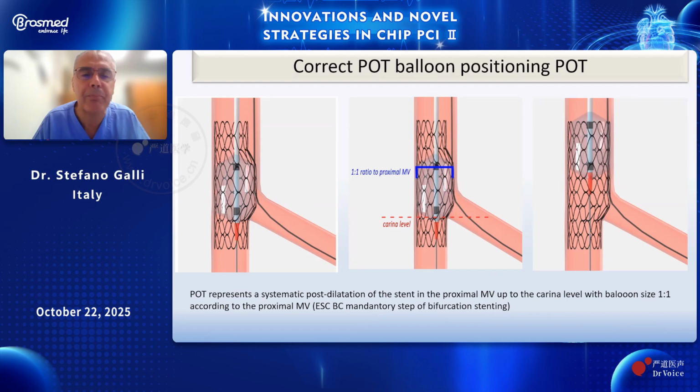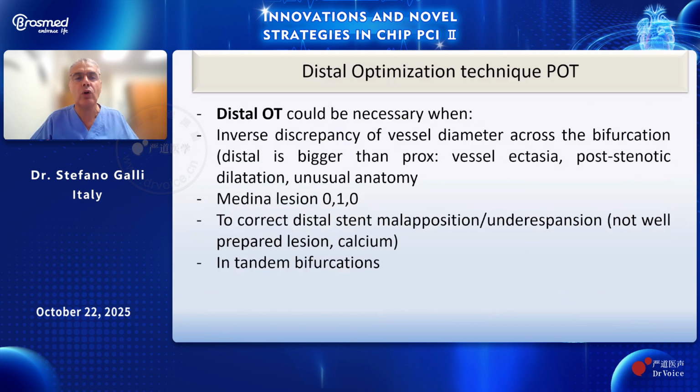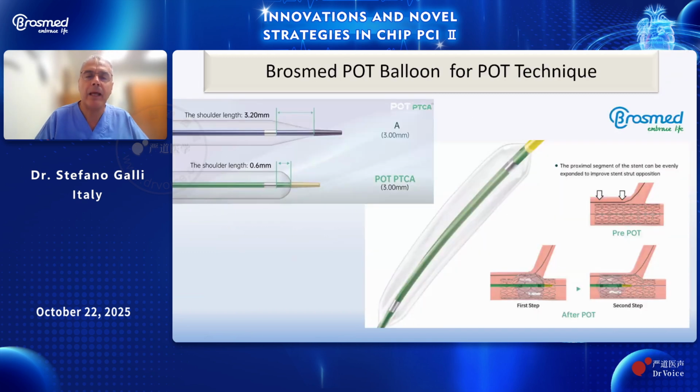This is a typical example. On the left, there is a lot of carina movement. In the central part before the carina, we need to correct precisely to avoid the carina shifting and the plaque shifting. Also, distal optimization technique is very important, especially in Medina 010 lesion or in tandem bifurcation, or where there is a big discrepancy between proximal or distal to the collateral branch dimension of the vessel.